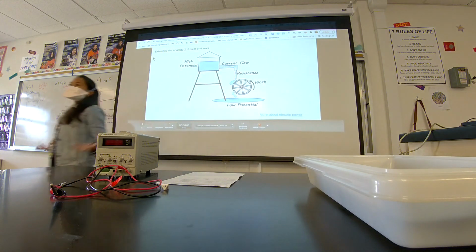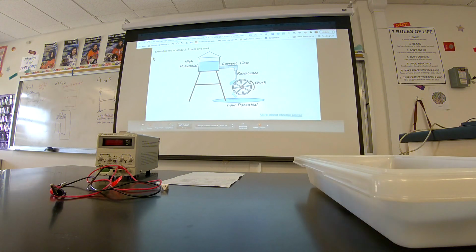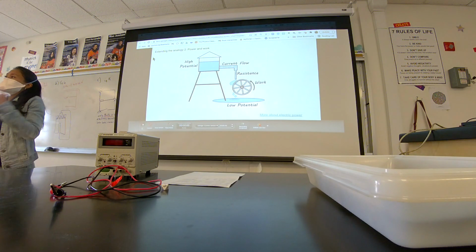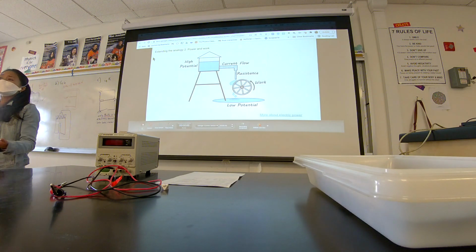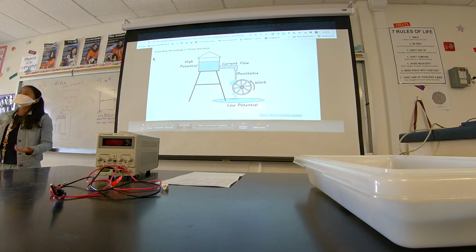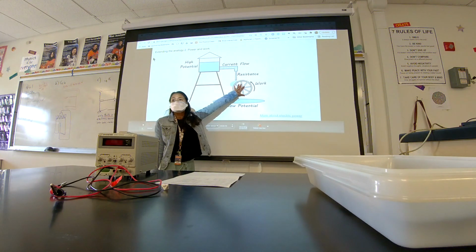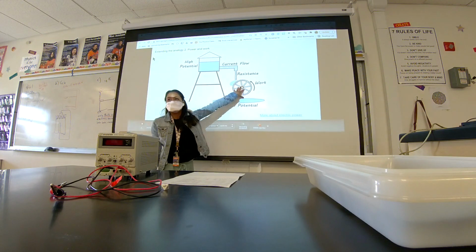And when we're talking about circuits, like our circuits the other day, the work it created was light, or if it's attached to some sort of machine, it's going to create movement or kinetic energy. So that's the type of work that we end up with when we are working with electrical circuits.